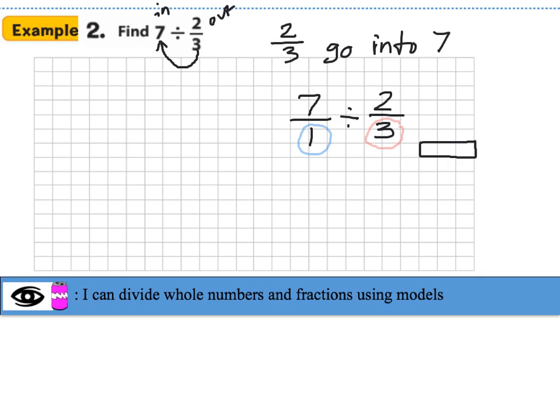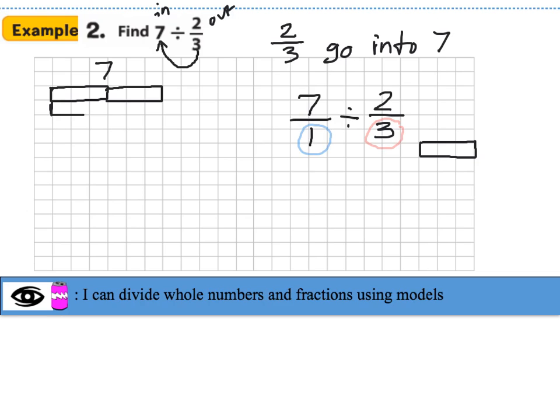Okay? So now let's go ahead and talk about the actual division problem. If I have a 1 by 3 model, this right here represents 1 whole. But my dividend says I need 7 of them. So if I have 1 right here, I'm going to go ahead and draw myself another one. So there's 2 whole boxes.